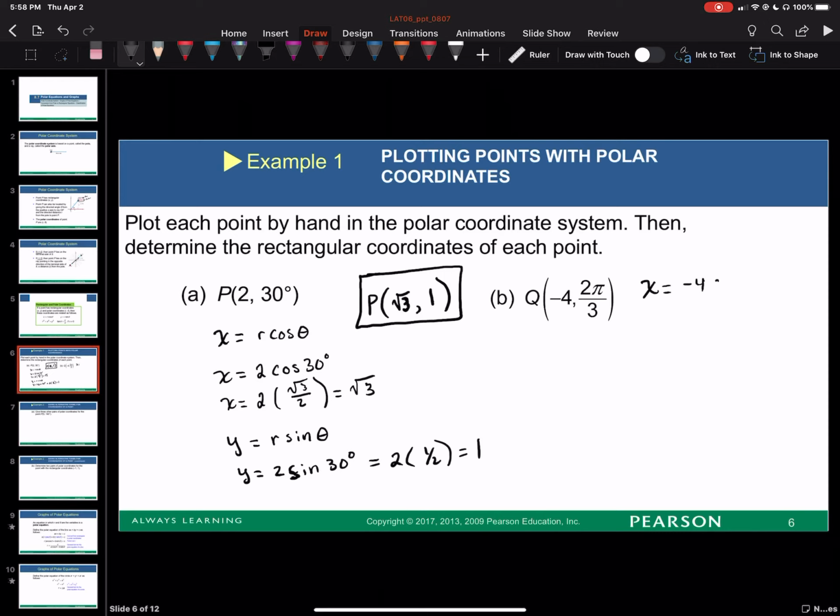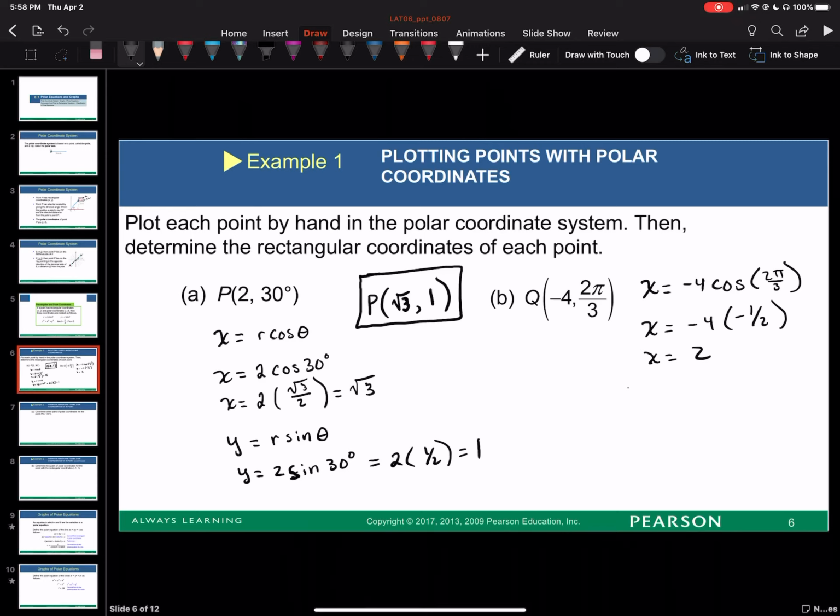Negative 4 times the cosine of 2 pi over 3. All right. So we have x is equal to negative 4 times what? Negative 1/2. So that'll give you what? 2. So x is just equal to 2.